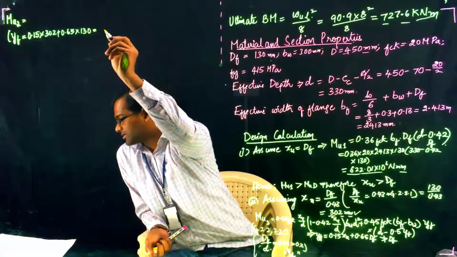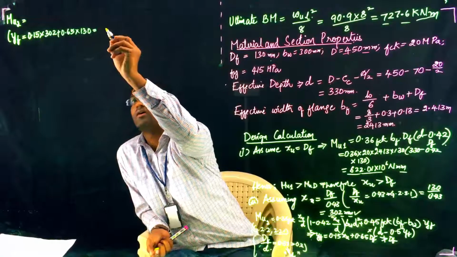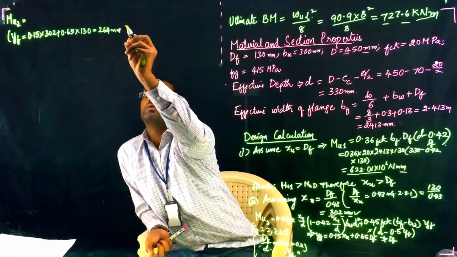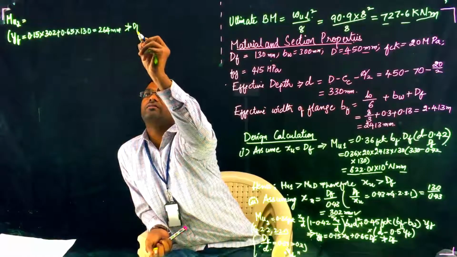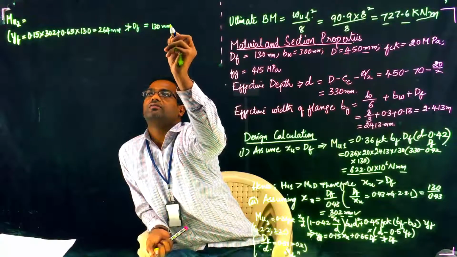You will get this value as 264 mm, but this should not be more than DF. This value should be taken as 130, that is equal to DF.